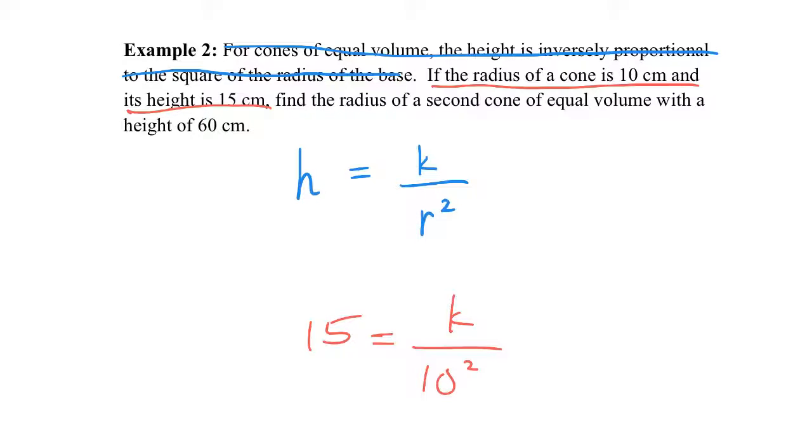The second part tells me the height is 60. That goes here. And then I want to find the radius, which is here. If I have 60 here and I want to find the radius, I need k. So let's go ahead and solve for k once again. 10 squared is 100. 100 times 15, 1500.